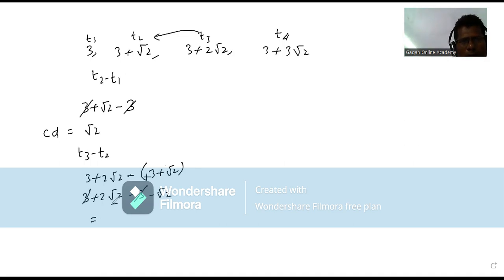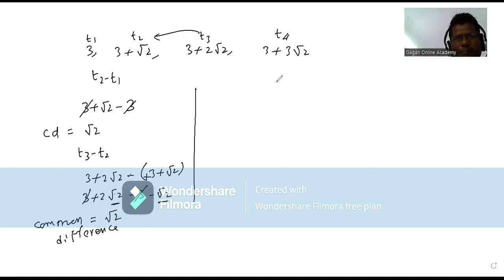Here the number of root 2s is 2, and here only 1. Subtracting 1 root 2 from 2 root 2s, we get 1 root 2. We got the same common difference, root 2 in both cases. That means these numbers are in AP.